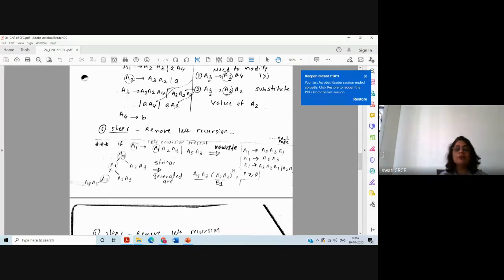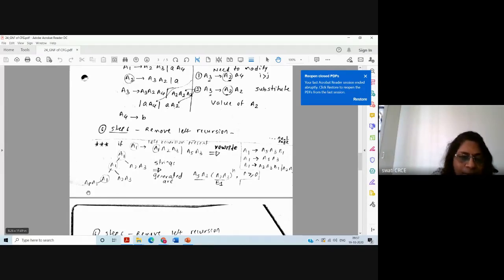So always for removal of left recursion, whenever you're solving the problem, show to the right hand side some rough work, and in that rough work you draw the parse tree. So this is a parse tree, and now if you observe this parse tree, what is the string that is generated? The string is A5 A3 for one time. So here A5 A3 is for one time, and then A2 A3 is there for two times because two times the recursion is done.